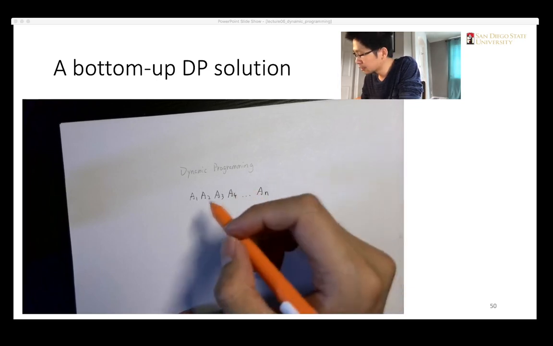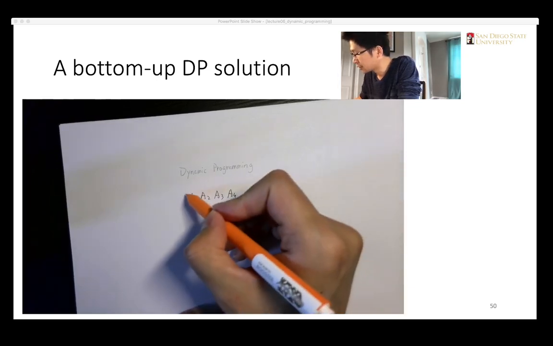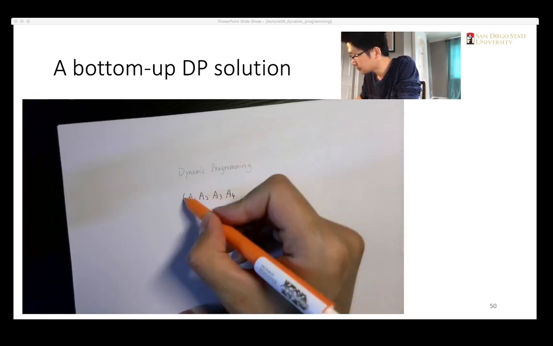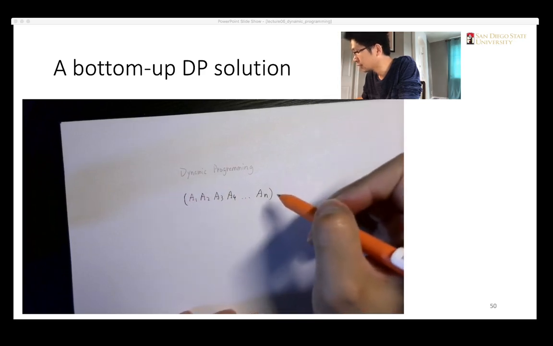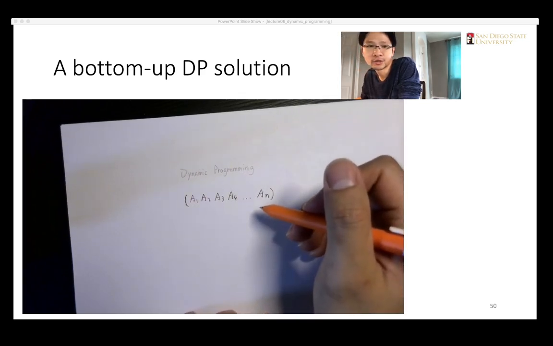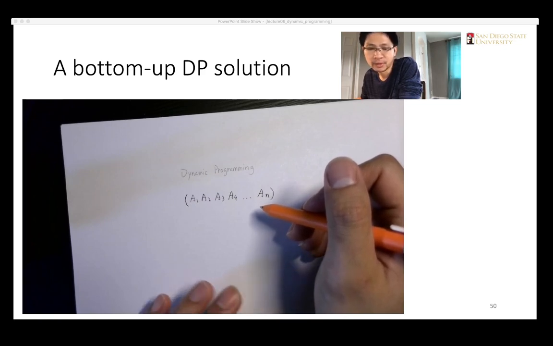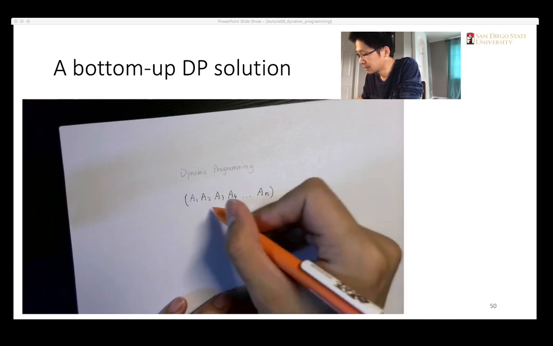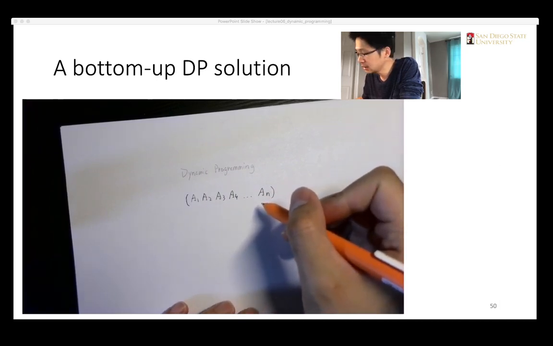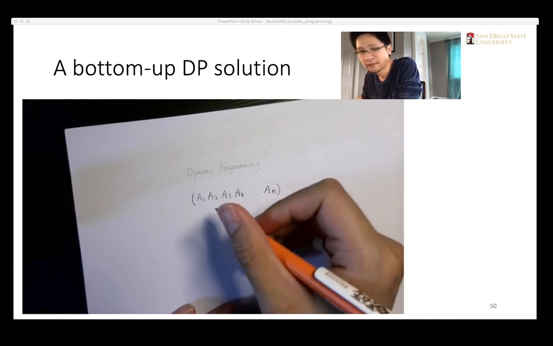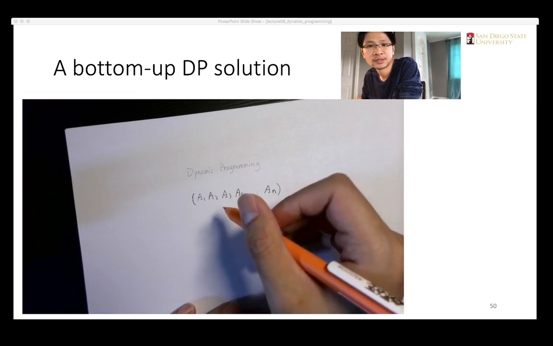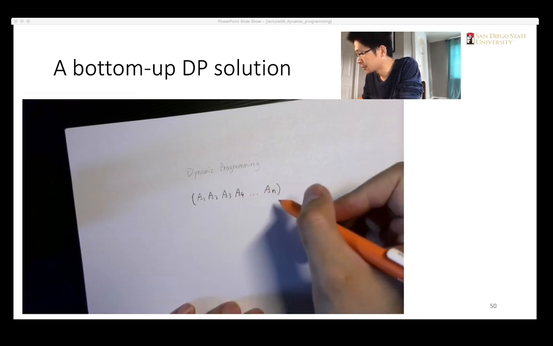In order to solve the original problem, we want to know how many scalar multiplications will be needed to compute this long chain. We basically need to solve all the distinct subproblems in this original problem.